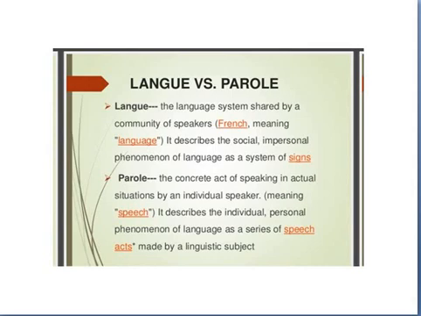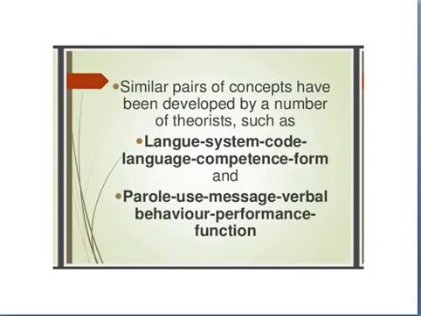It describes the individual, personal phenomena of language as a series of speech acts made by a linguistic subject. Similar pairs of concepts have been developed by a number of theorists, such as langue: system, code, competence, form; and parole: use, message, verbal behavior, performance, function.